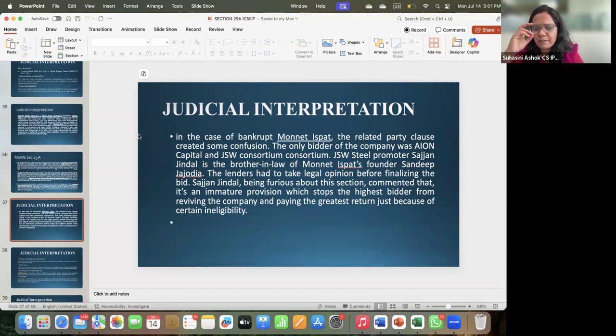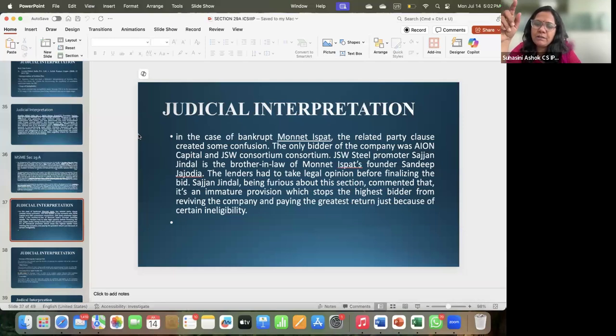So what has happened here? The COC took legal opinion: although not connected at the first, second, third layer, if we see the fourth layer, it is again linked to the first, second, third layer. So if we see the fourth layer, that connected company is again a relative.